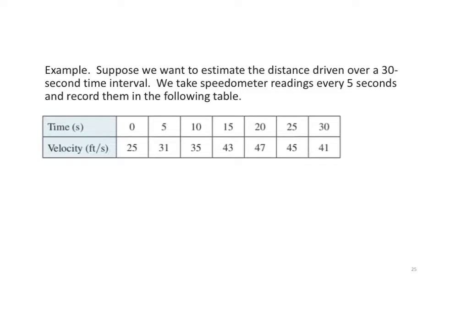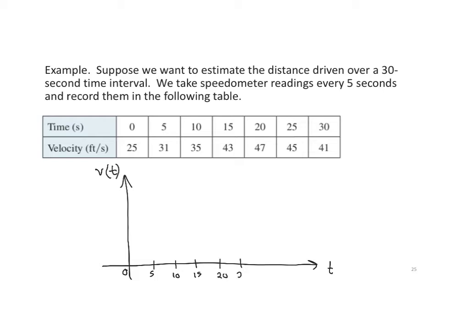So what we can do is consider a graph where the x-axis is actually the t-axis and the vertical axis is v for velocity. If I were to plot these, we have 0, 5, 10, 15, 20, 25, and 30, and let's try to give good estimates for the velocity in feet per second. t is in seconds.